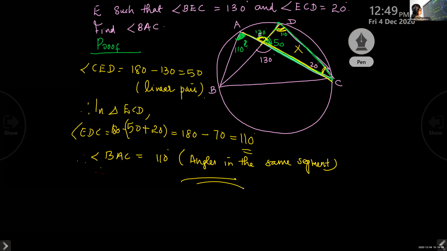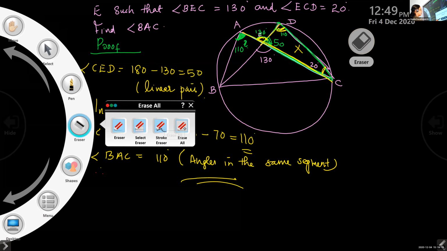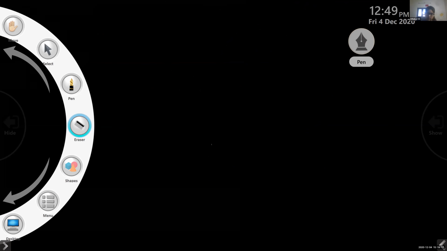Question number 6. ABCD is a cyclic quadrilateral. So when I tell cyclic quadrilateral, you should remember the property.